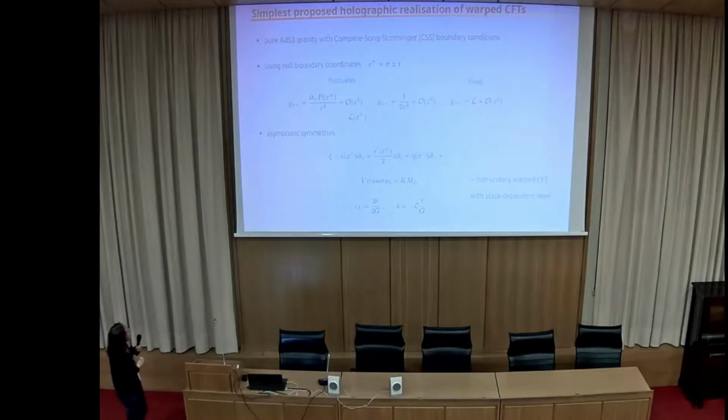And I should say that the simplest proposed holographic realization of warped CFT is actually just pure AdS3 gravity with some boundary conditions called CSS, where you basically make the plus component of the boundary metric fluctuate, and you freeze what would have been the right moving stress tensor to a constant. And then you can see that the asymptotic symmetries are precisely this Virasoro left times Kac-Moody left, with the standard Virasoro central charge and the negative level that depends on this L bar. Okay, so that's what's proposed.